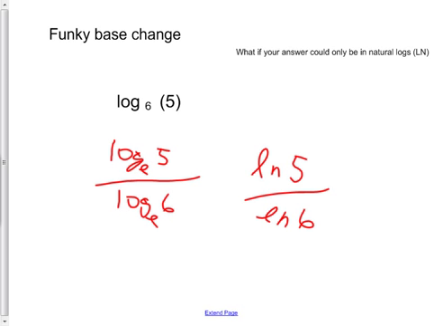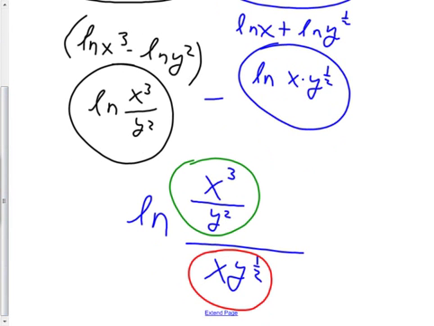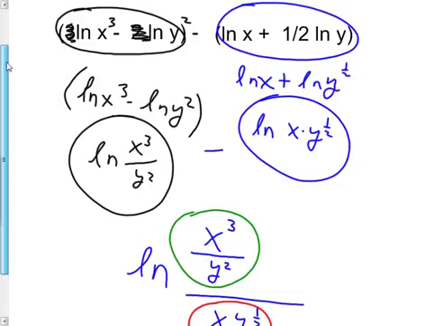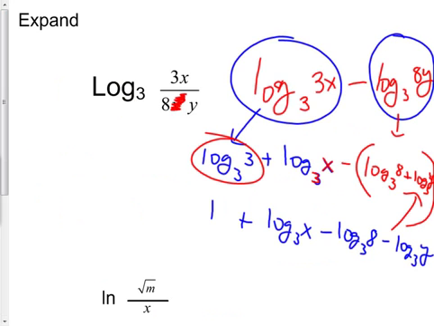Yes? Good question. Is that part of condensing? Yeah, if you have an ln on the top and an ln on the bottom, don't do that. You've got to get it down to 1. If I look at the original condensing or expanding problems, they only have 1 log, see?